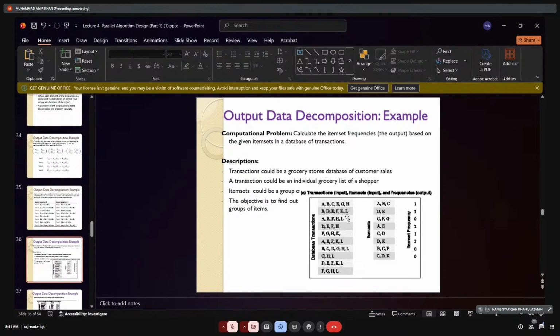So we have database transactions A, B, C, E, G, H, like this, B, D, E, F, K, L. So here, item data ABC.